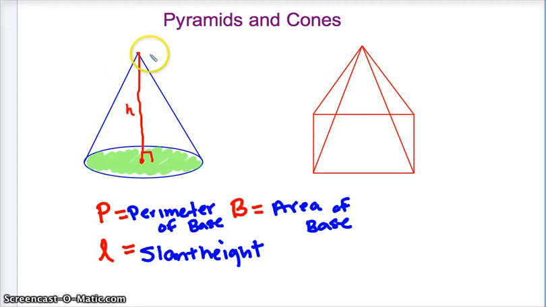Our slant height is the distance along the side of the pyramid or cone. So the distance from the vertex to the edge of the base is what's called our slant height. Looking at an example of a pyramid, this pyramid has a square base.